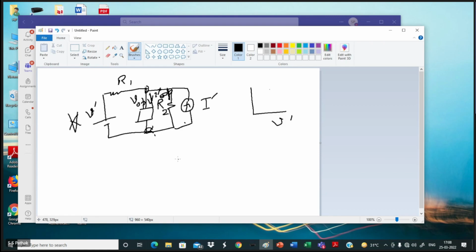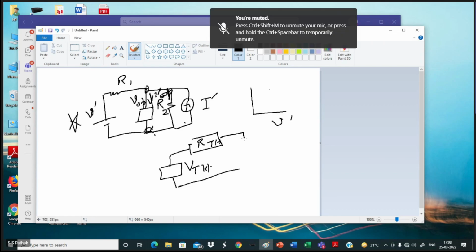The procedure I am telling: you find a Thevenin's equivalent voltage source here. You find Thevenin's equivalent resistance. Current source and voltage source both are given, the V, the I. So find VTH and RTH, and your NR device is connected here.